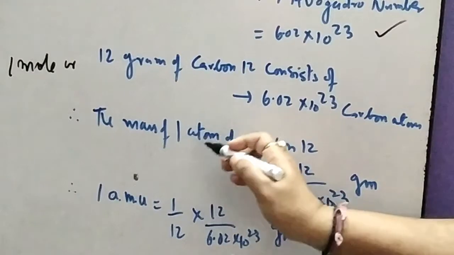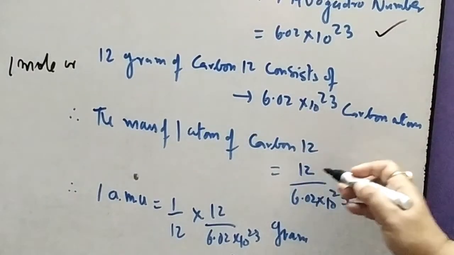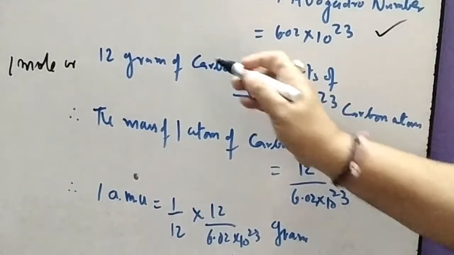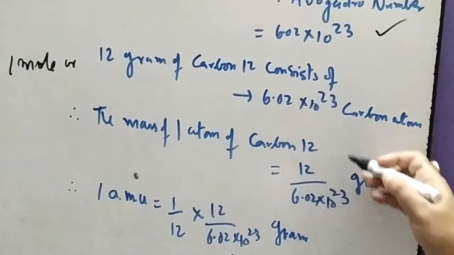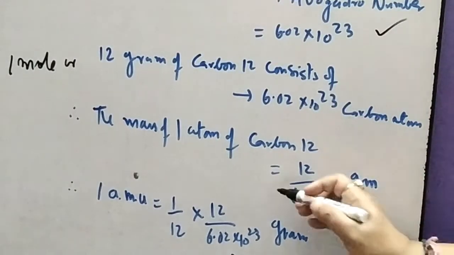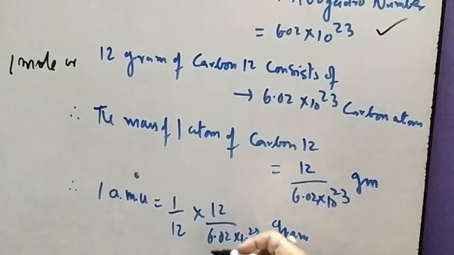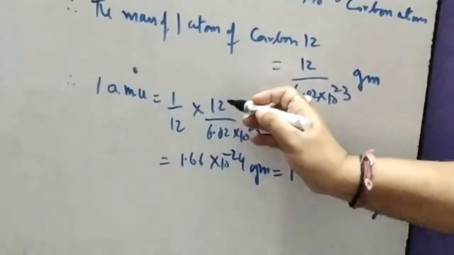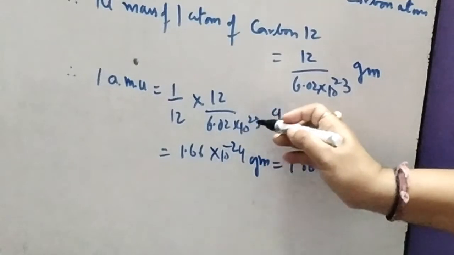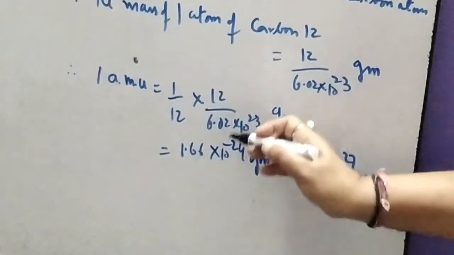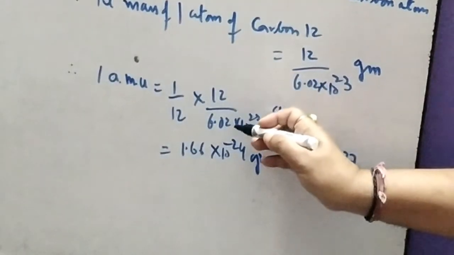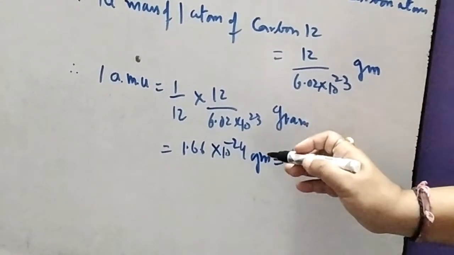Therefore, the mass of 1 atom of carbon-12 will be 12 gram upon 6.02 into 10 to the power 23. And therefore, 1 amu will be equal to 1 upon 12 times 12 upon 6.02 into 10 to the power 23. The 12 gets cancelled, and we are left with 1 upon 6.02 into 10 to the power 23.